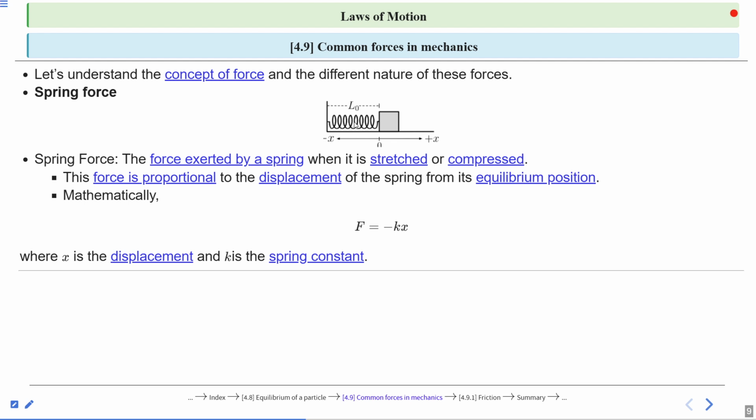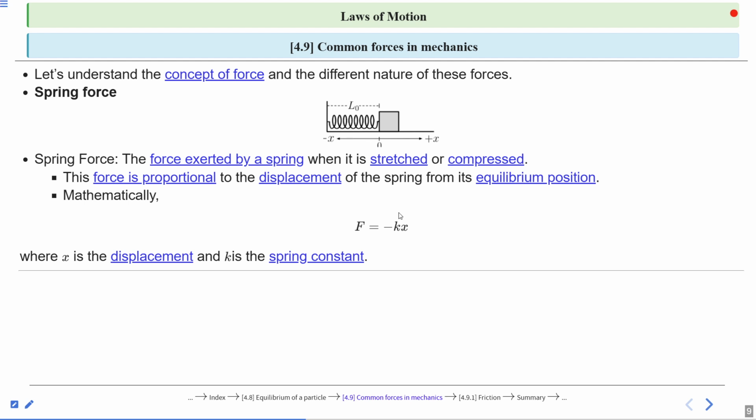Here listen carefully. If you stretch the spring towards the positive x, it pulls back, and if you compress the spring towards the negative x-axis, it pushes back. The further you stretch or compress, the stronger the restoring force, according to Hooke's law.